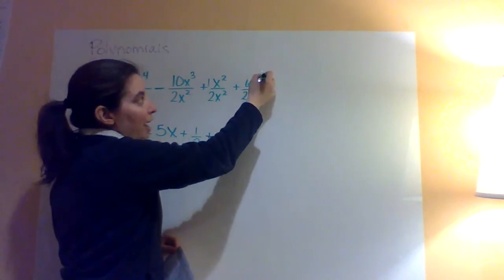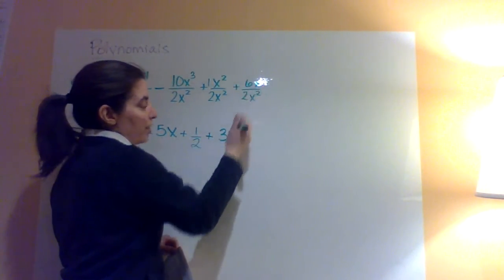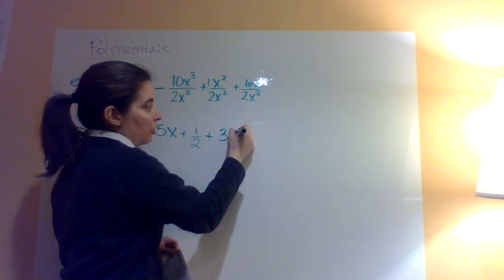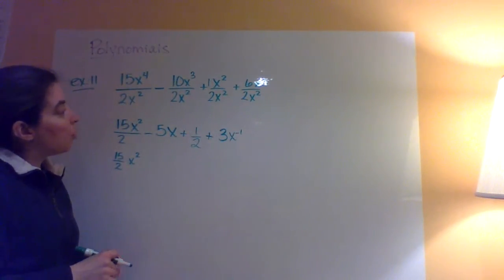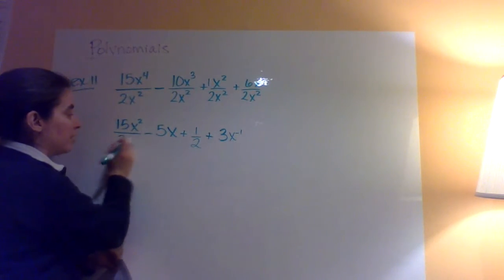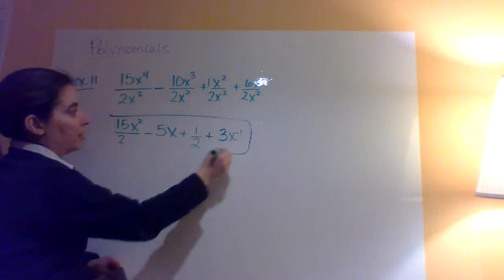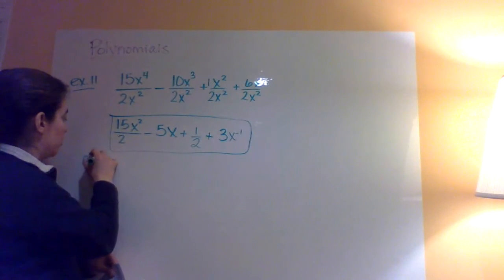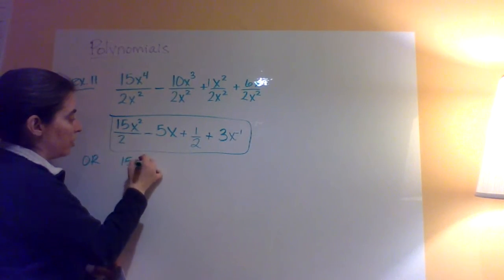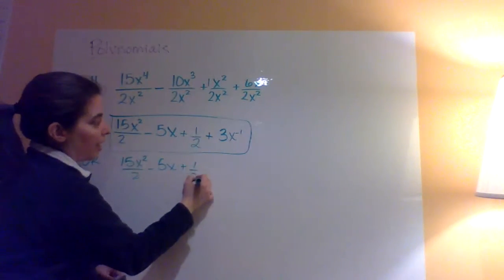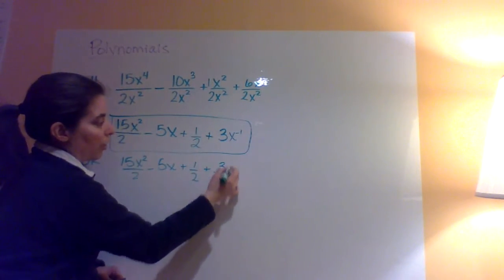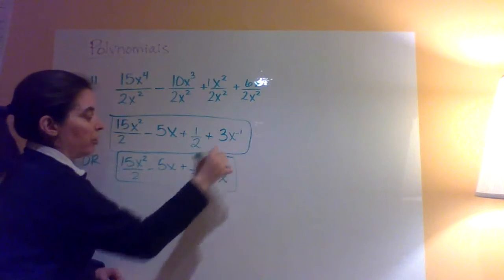So if I'm going to divide these, x to the 1st over x to the 2nd, 1 minus 2 is negative 1. Okay? We can either write it like that, and this could be our answer, or we can use what we know about negative exponents, and you could write it as 3 over x. Either of those is perfectly fine.